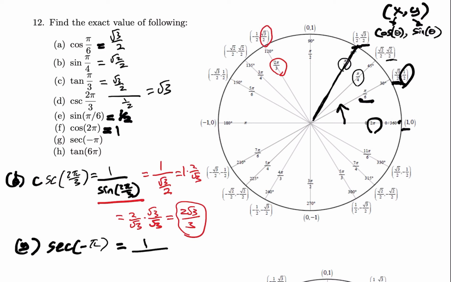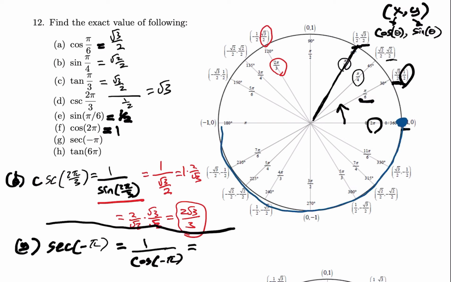The way we think helps us understand these concepts to do problems more efficiently and productively. So here on the unit circle, we start from here and we move negative pi. Negative pi is this direction, and we come to here. Now here we look at the cosine value. Cosine is the x value, so negative 1. So the answer is just negative 1.